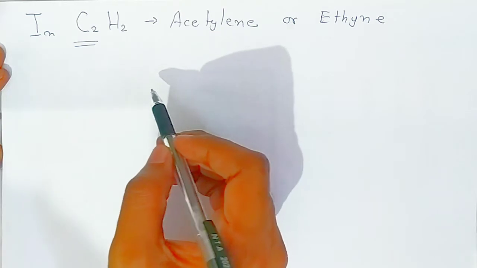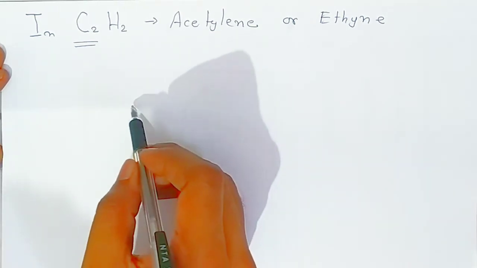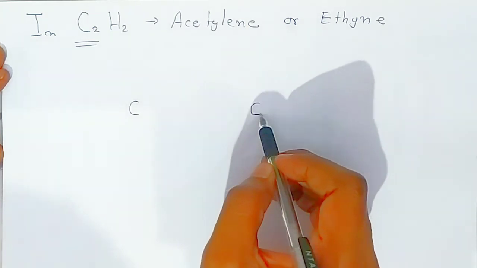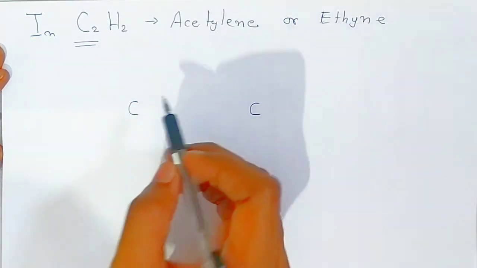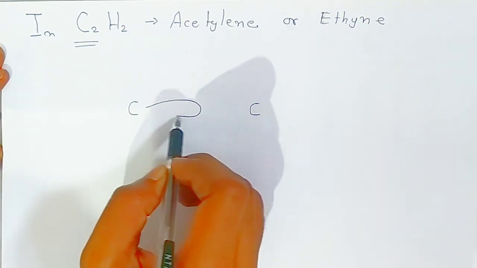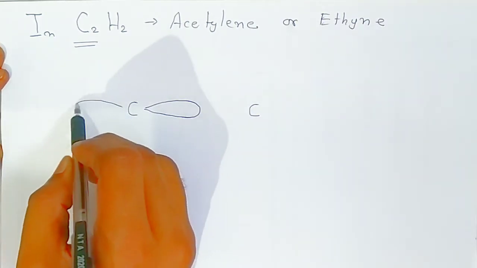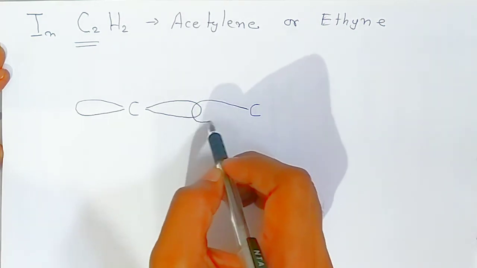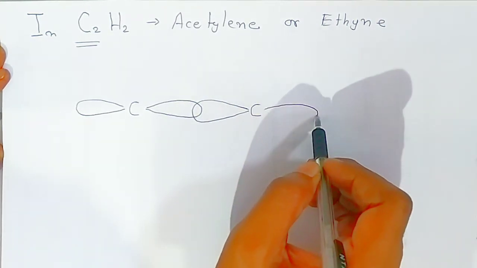So two carbons you can put like this. Because it has linear geometry, these are the sp hybrid orbitals I am drawing. This is the first carbon, and this is the hybrid orbital of the second carbon. They will overlap like this.